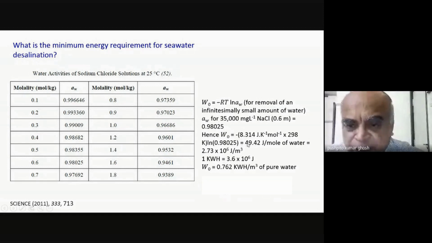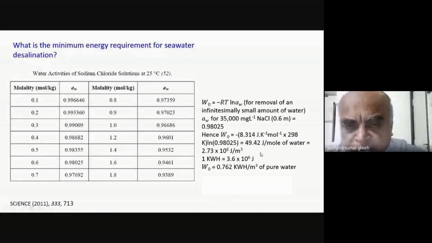And I'll divide 49.42 by 18, and it comes to 2.73. So it will be 2.73 into 10 to the power 6 joule per meter cube of pure water recovered by this totally impractical reversible process.